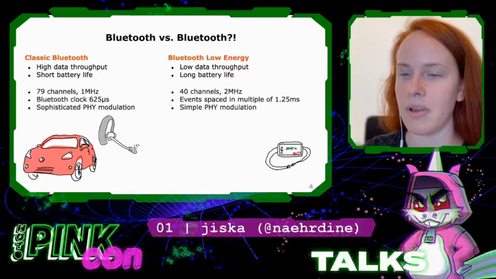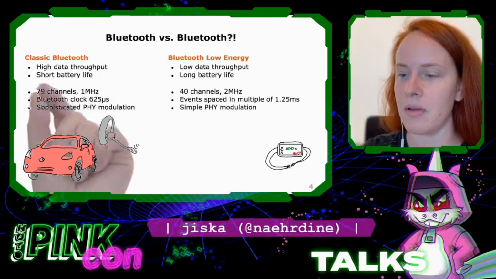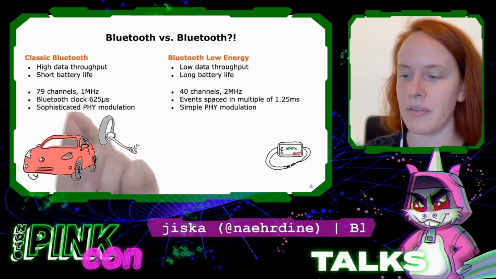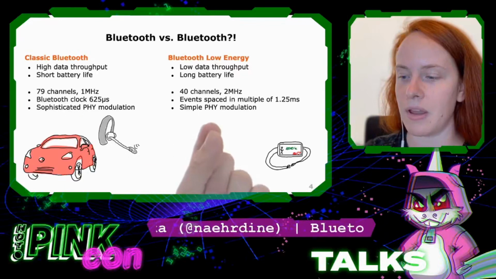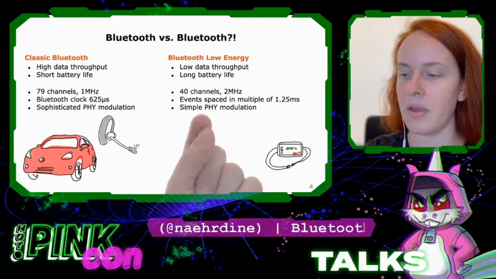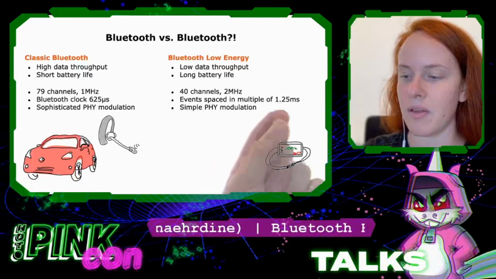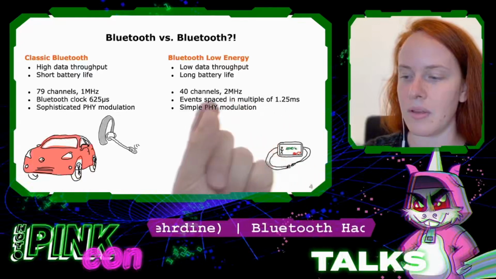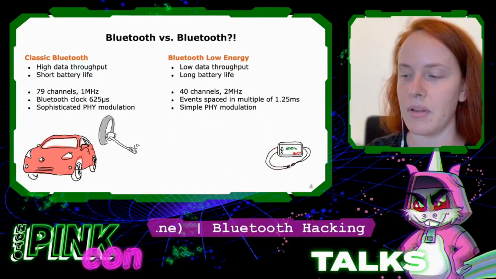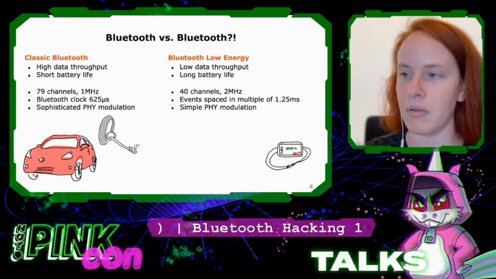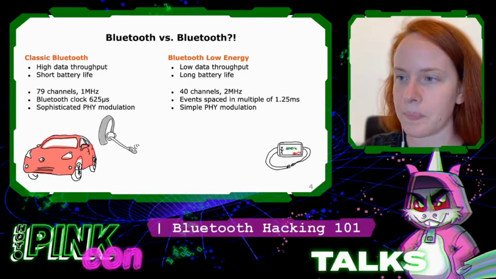They have two different physical layers, so it's not really important for us what the difference is here, but it's important to know that the Bluetooth LE physical layer has a different modulation scheme, and it's usually having a very wide distance between each event. So here it says 1.25 milliseconds multiple of them, but usually it's every few seconds if you want to save energy.